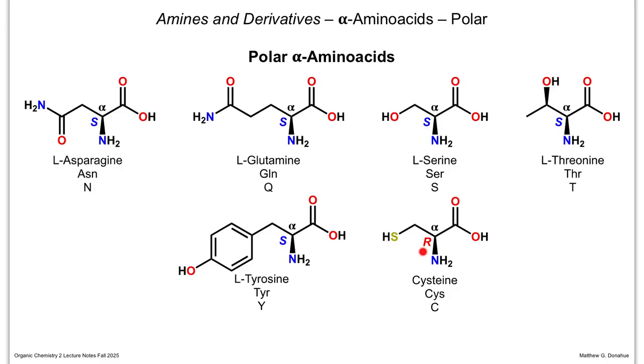And notice that changes to R just because of the priority of that sulfur. So cysteine is the only one with the R stereochemistry.